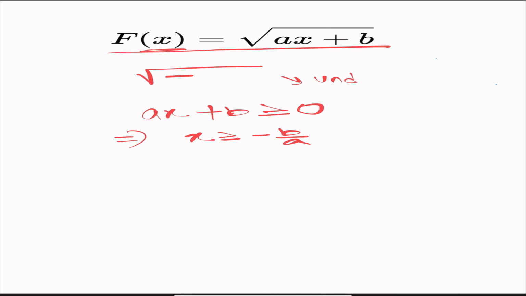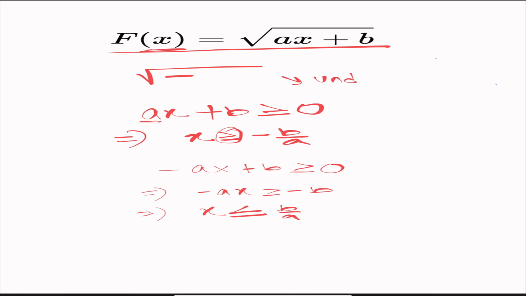Also, if you notice, if our coefficient is negative, let's say a is negative, what would happen? Then we have to change the sign here. So let's say negative ax plus b is at least 0. So we get negative ax is at least negative b. That means x is at most b over a. You see, we have to flip the sign here, just to make sure you guys understand that.